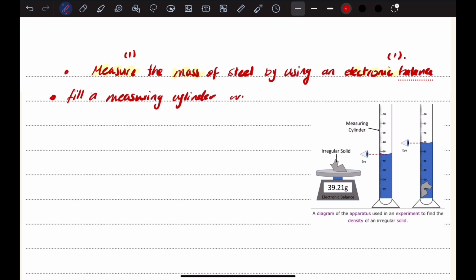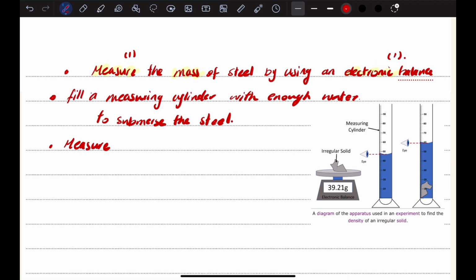Or fill a measuring cylinder with enough water. Why? Because I want to submerge the steel. Okay, the point 3, this is really important. I have to measure again. I'm going to highlight this keyword. Measure what?